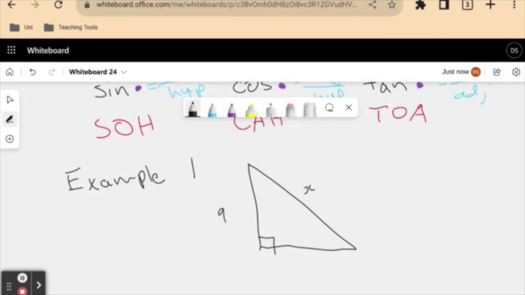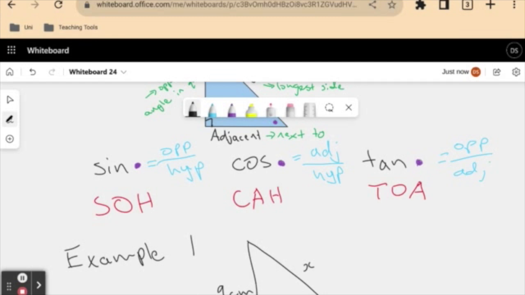I know that this side length is 9 centimeters and my angle is 48 degrees. This is where the video that I did previously will help you identify these, because everyone sees SOHCAHTOA and all this writing and they get really overwhelmed, right?